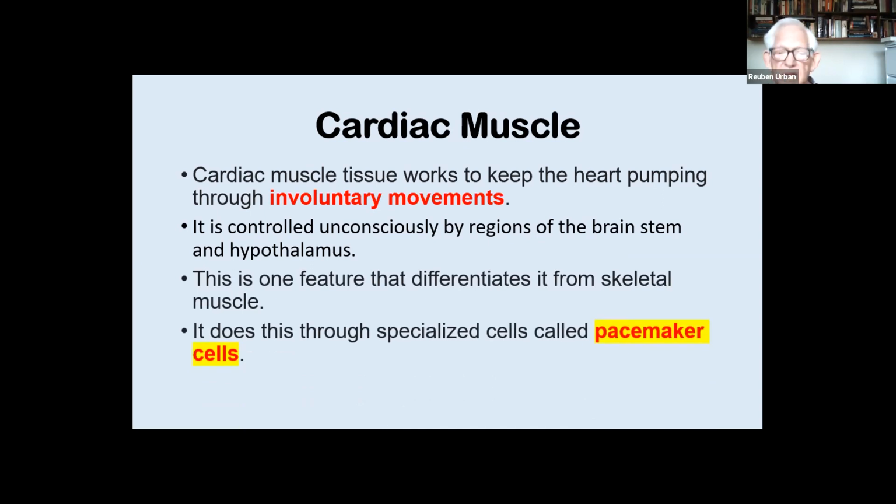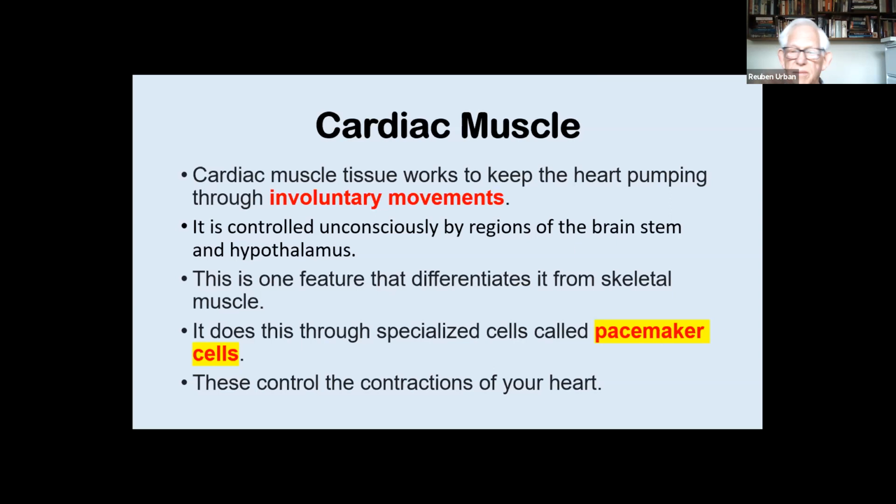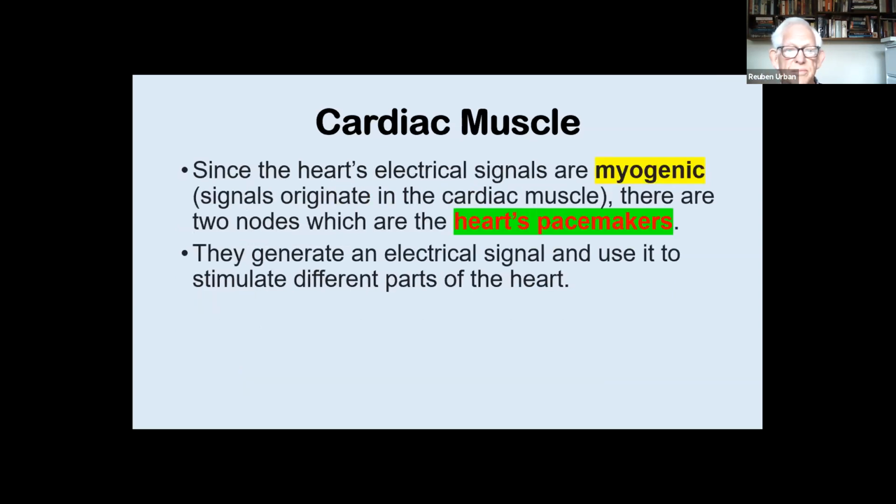Now, how does it keep on beating and doing it as a syncytium, all in one? So there are cells called pacemaker cells, and there are groups of them, and they control the heart. So the nervous system controls the pacemaker, and then the pacemaker sends a signal out to control. These pacemakers are in the heart.